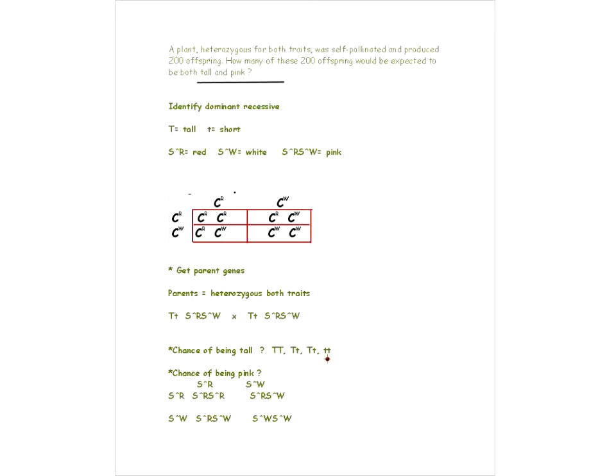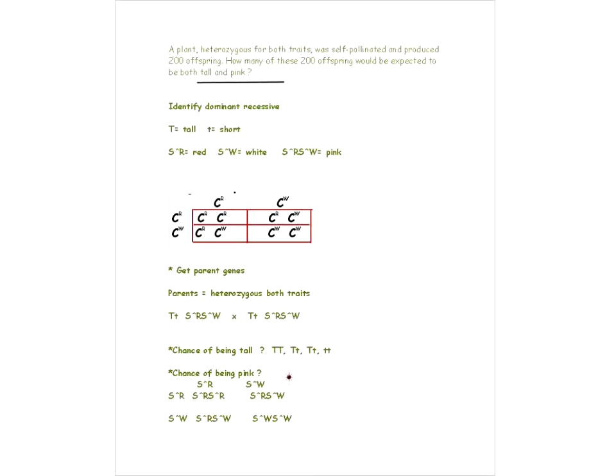Knowing that being tall is when you have the dominant allele, what do you think the chance of being tall would be? We want this as a decimal eventually because we're going to multiply two decimals together to get our answer. I'll let you decide what the chance of being tall is based on these results.